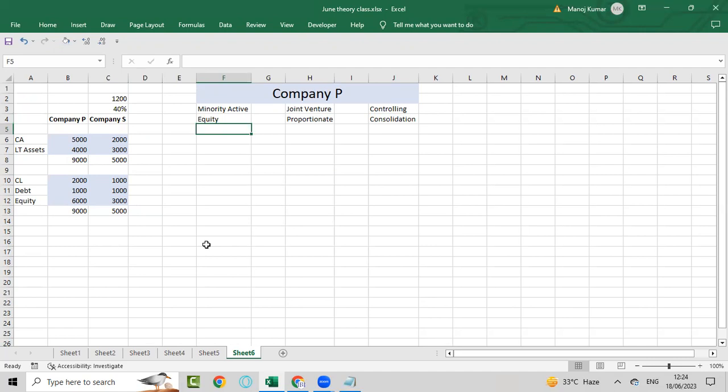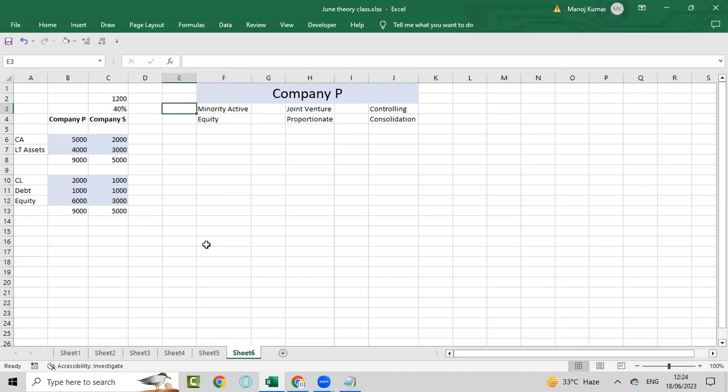If it is a joint venture, then 40% assets and 40% liabilities will be added to company P. In case of controlling, all the assets and all the liabilities will be added to company P.